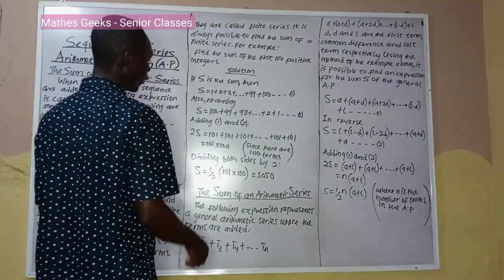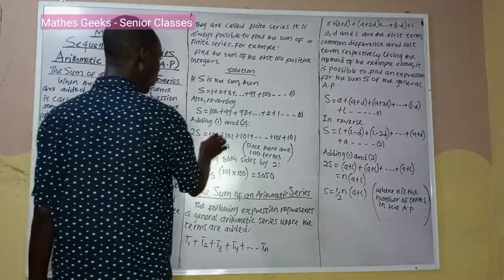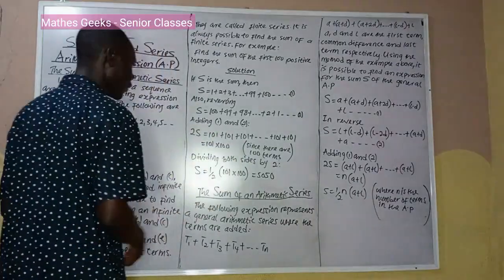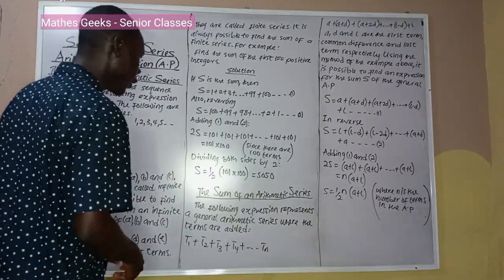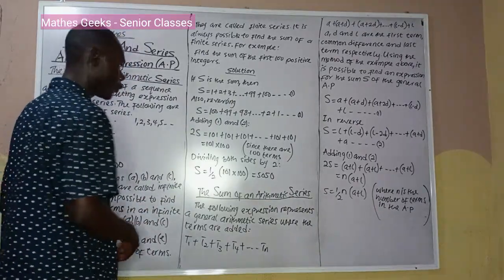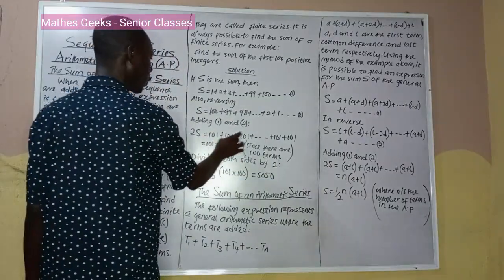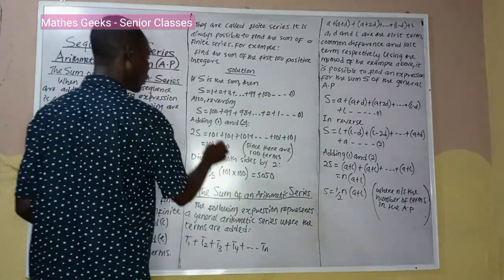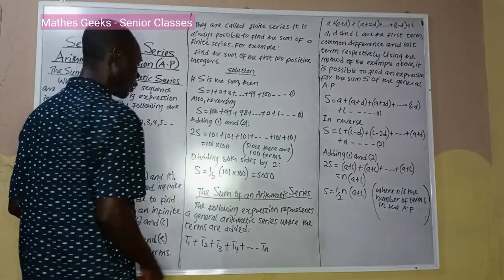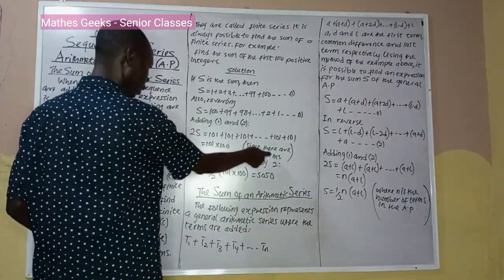So what do we observe? We observe that 101 kept on reoccurring as the addition progresses between equation 1 and equation 2. Since there are 100 terms, instead of adding up 101 plus 101 plus 101, you just have to multiply 101 times 100, the number of terms.